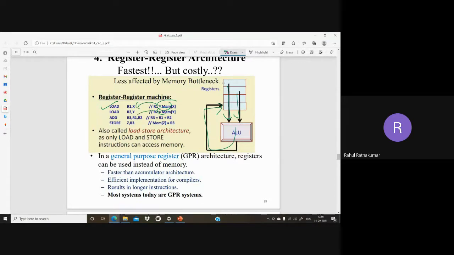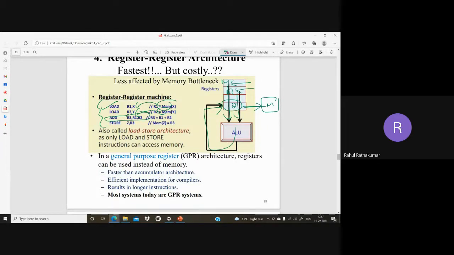Two numbers have to be loaded into registers R1 and R2. Then we have the instruction, you can see add R1, R2, R3 or R3, R1, R2, right? After the output is stored in R3, it can be taken from R3 to the memory. So we have 4 instructions here: first loading R1, again loading R2, then adding and storing.